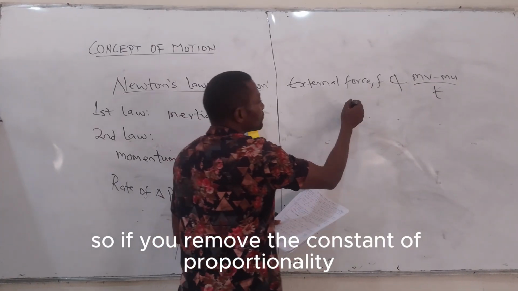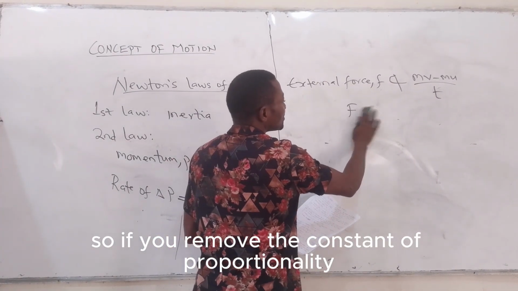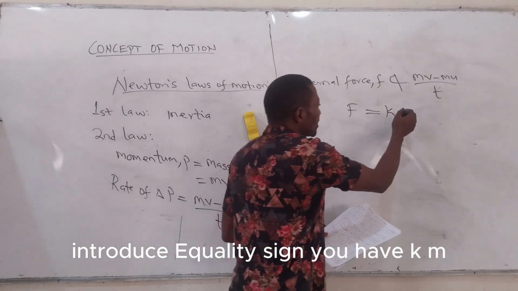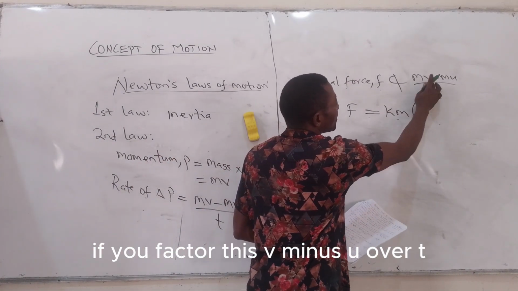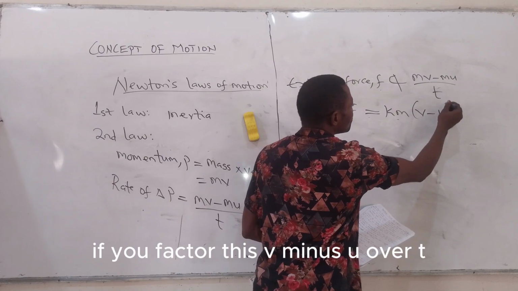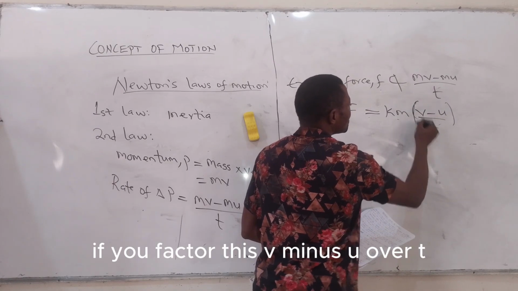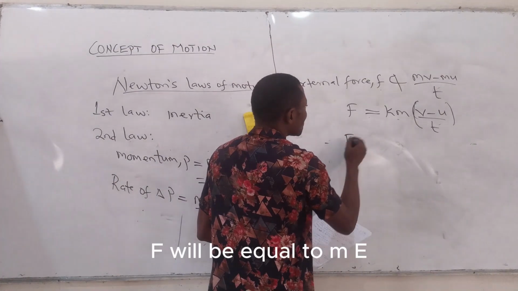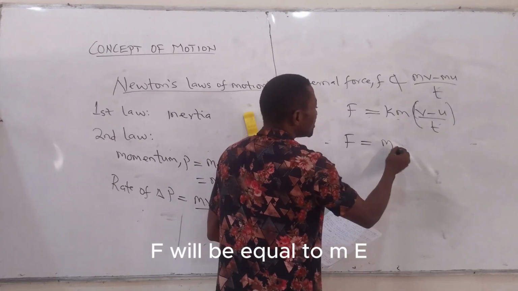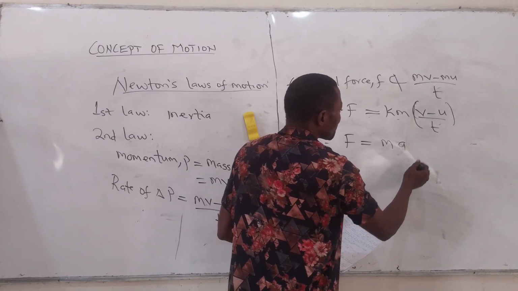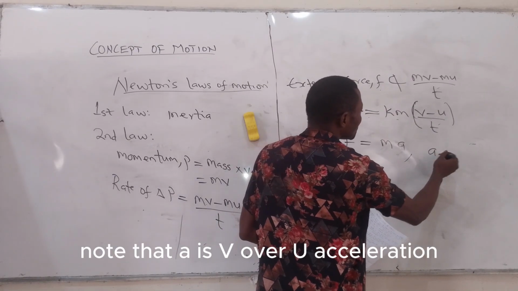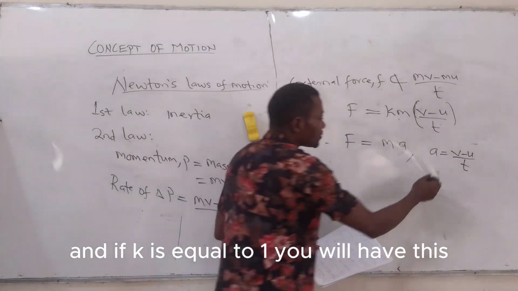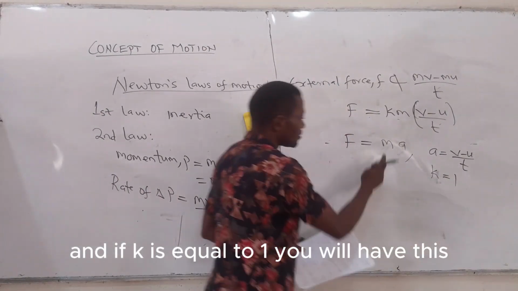So if you remove the constant of proportionality and introduce the equality sign, you have k m, and if you factor this, v minus u over t. F will be equal to ma. Note that a is v minus u over t, acceleration, and if k is equal to 1, we will have this.